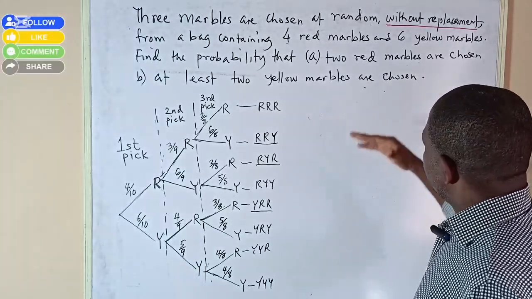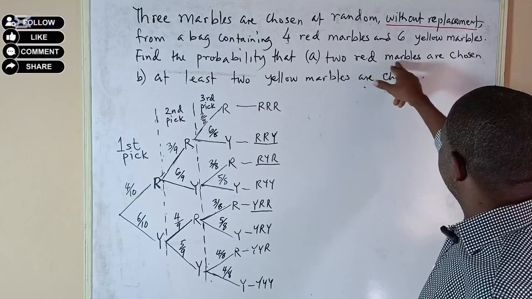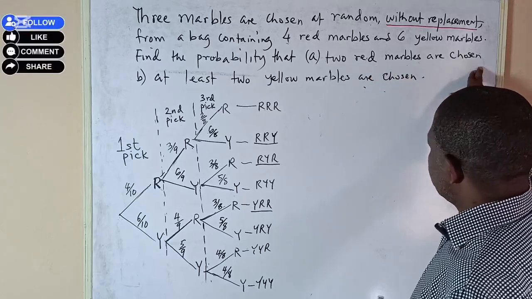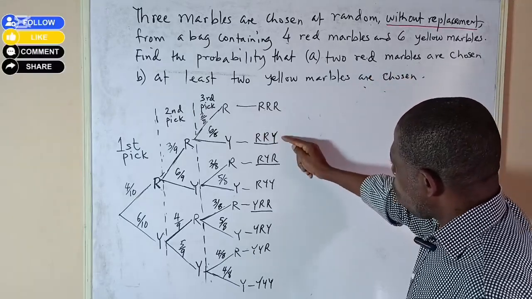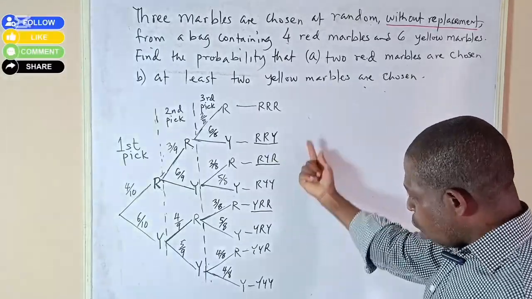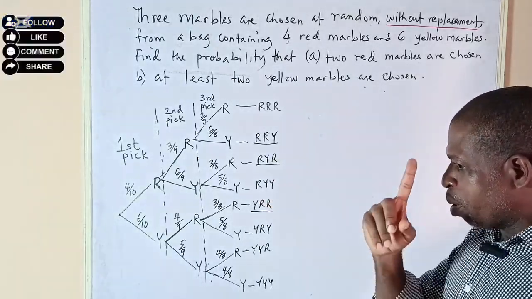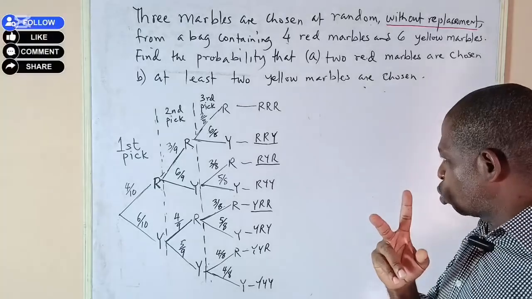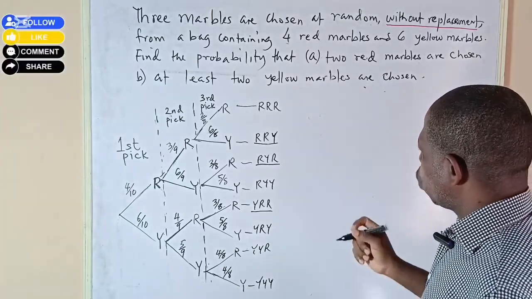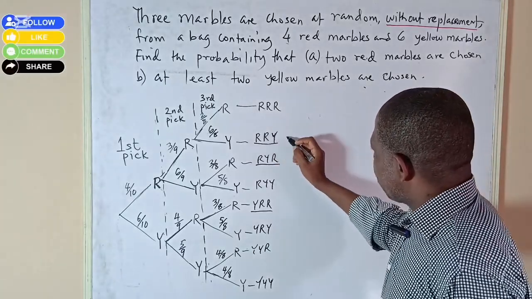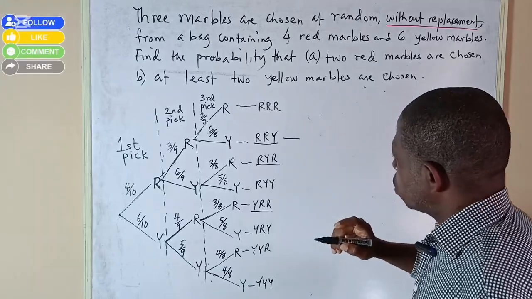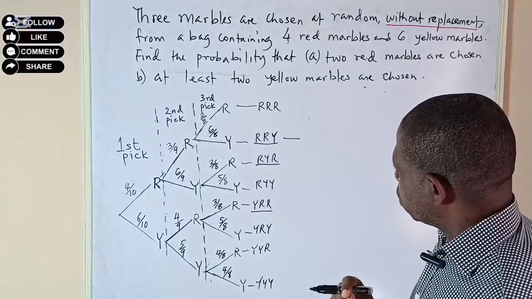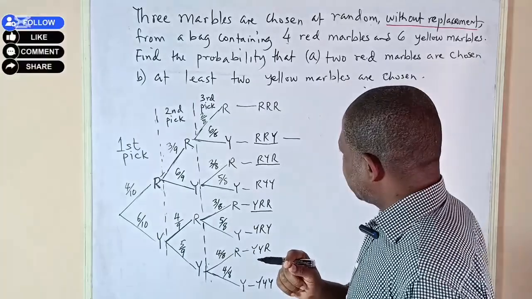And then in this case, 2 red marbles are chosen means it's either this or this or this, and "or" will be plus. I hope you've taken note of those 2 things. So let's look at this instance and find the result. Let's follow the individual probabilities of each branch.